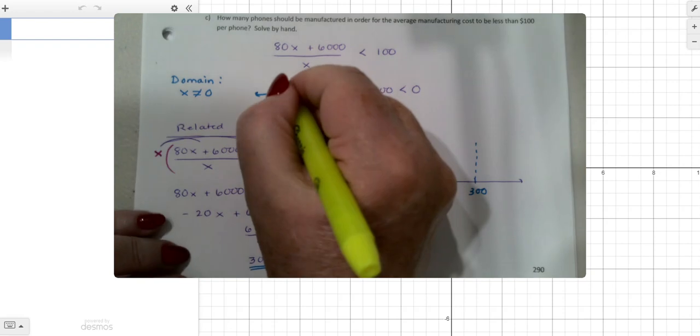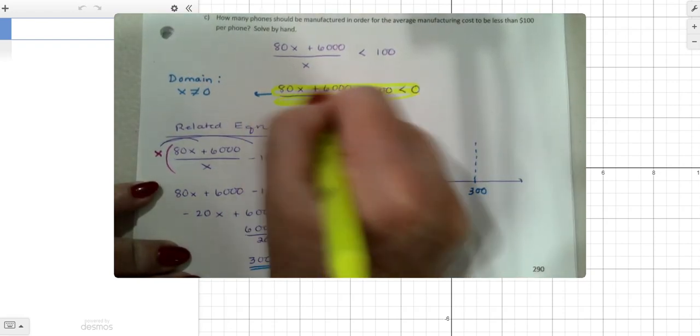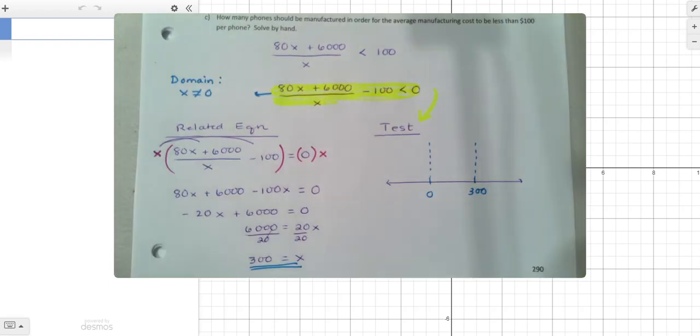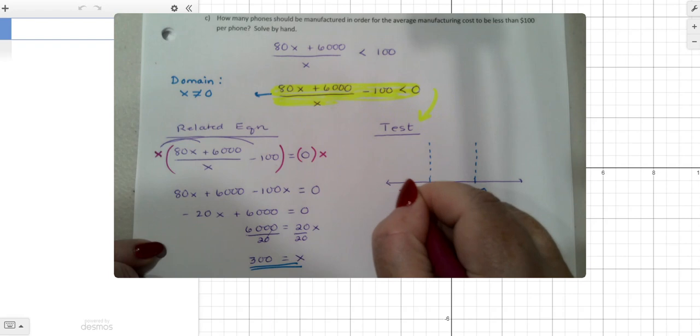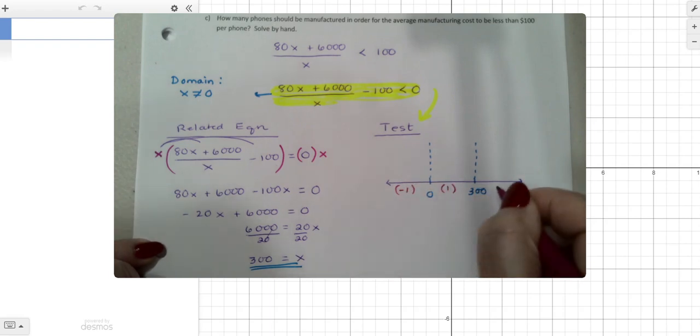All right, this is what I'm trying to test to see if it's true or false. And I'm going to choose test values of -1, +1, and 400.